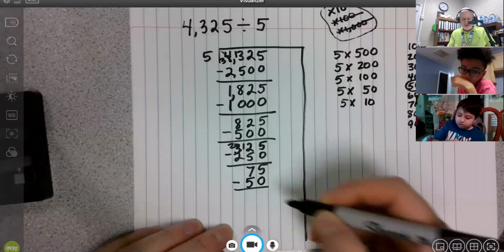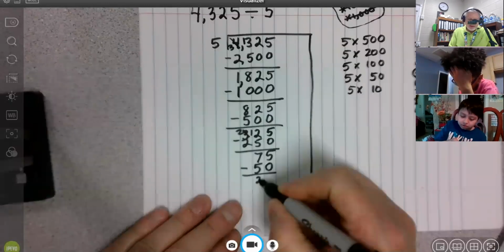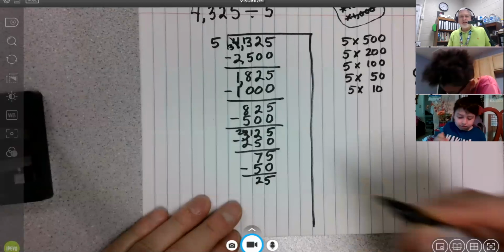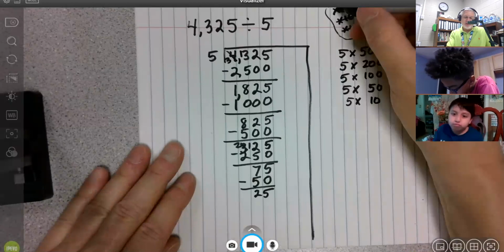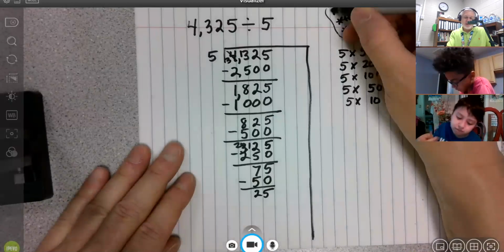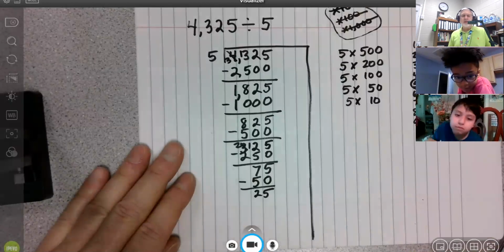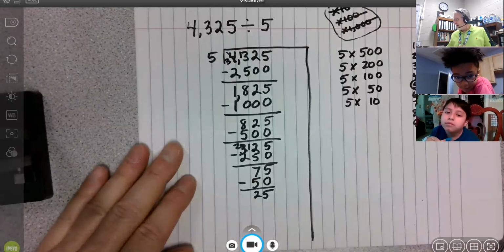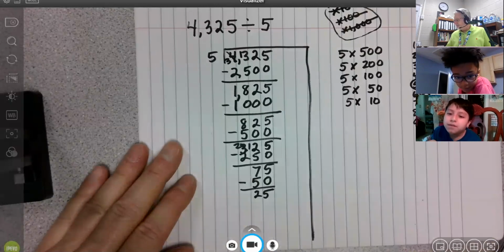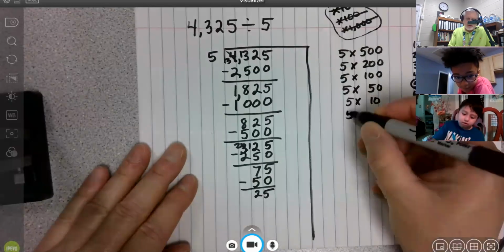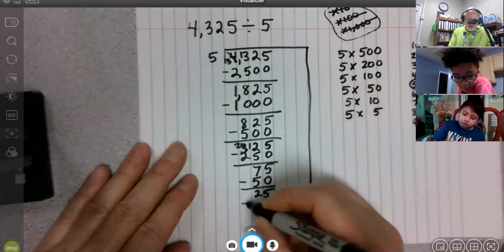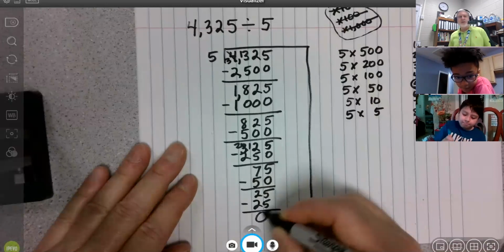Okay, and let's subtract. You have 25 left over. Can you multiply by any more groups of 10? No. Okay, what number times 5 equals 25? 5 times 5. 5 times 5 equals 25, and we have no remainder on this one.